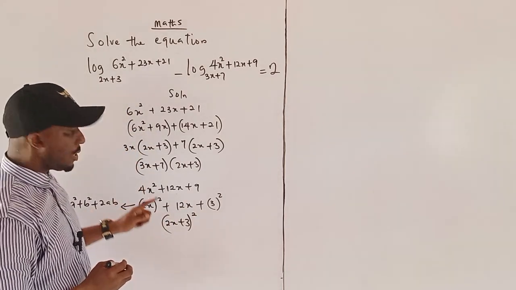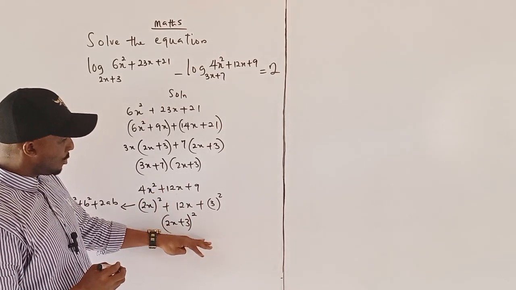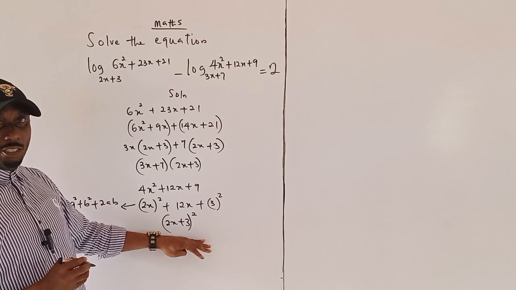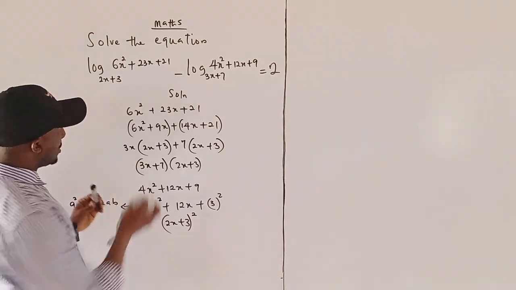So in place of 4s squared plus 12s plus 9, I will substitute 2s plus 3 all squared. That will simplify the entire problem.